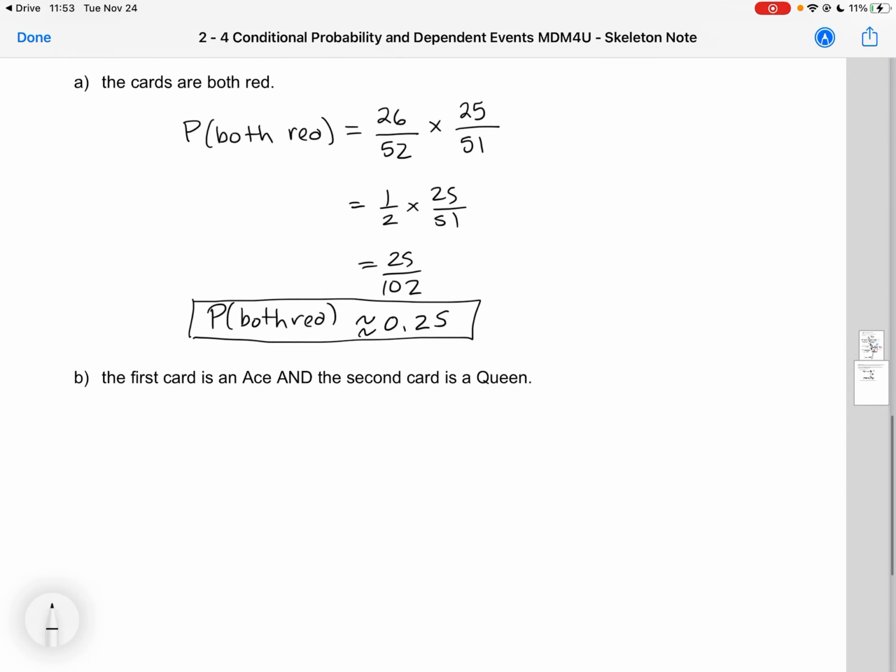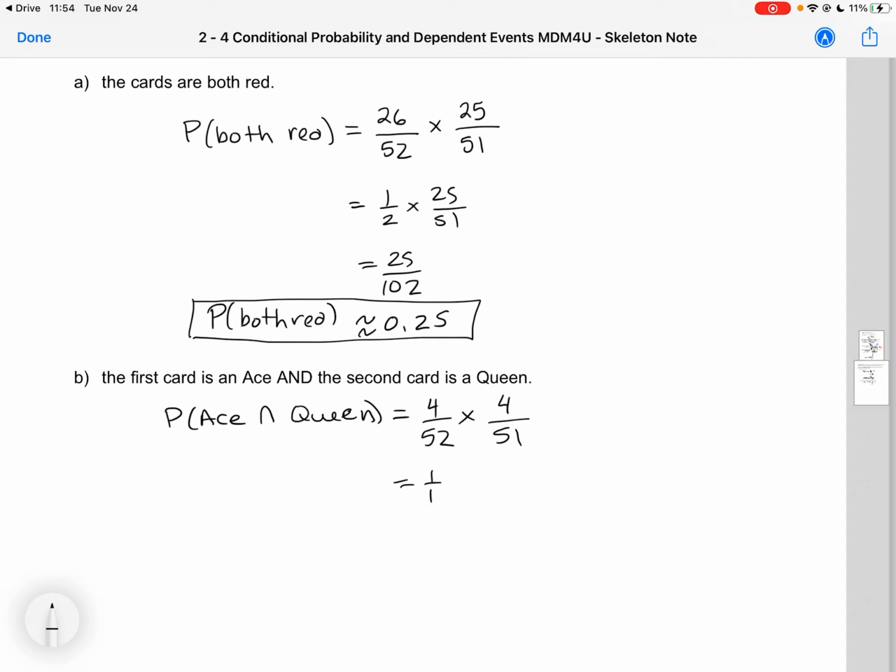Next example here is the first card is an ace and the second card is a queen. So we're going to start it off the same way. The chance of drawing our first card as an ace would be 4 out of 52, because there are 4 aces in a deck. Now, because I haven't replaced my first card, I now have 51 cards to choose from, and 4 of those options are queens.